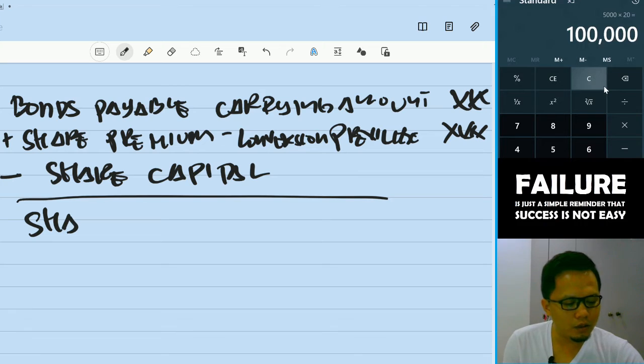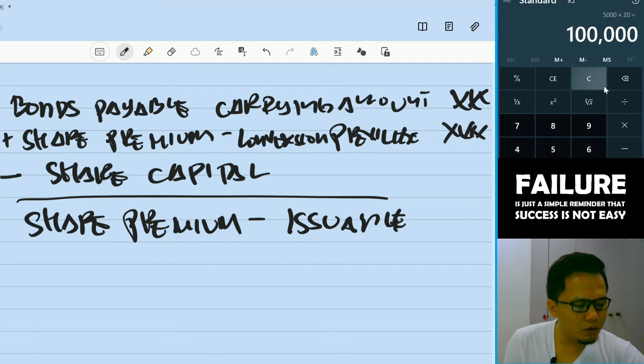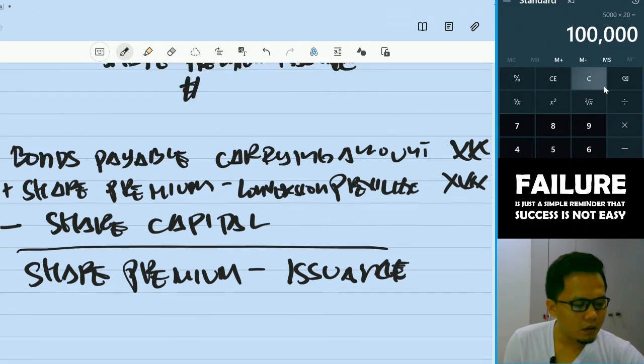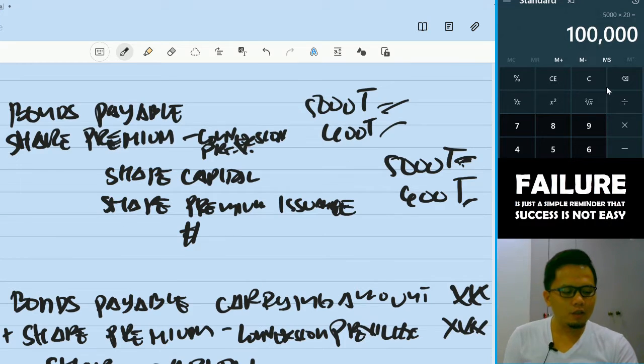So that will be your share premium issuance. Okay? So, klaro yan siya ha? Bonds payable carrying amount plus the share premium conversion privilege minus the share capital, that will be your share premium issuance.